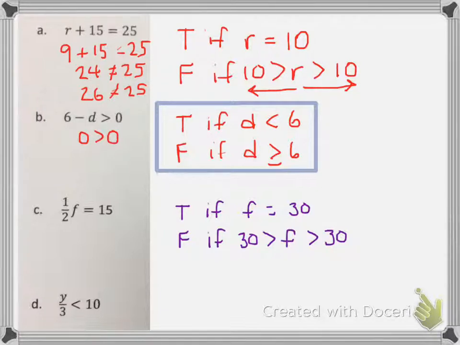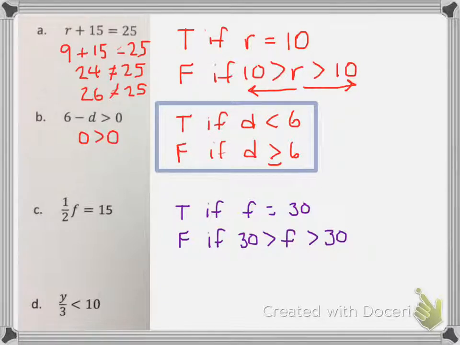All right, here we are. Y divided by 3 is less than 10. Well, if I chose 30, 30 divided by 3 is 10, right? It's still false, but I'm really close to a true answer. If I went bigger than 30, say 33, 33 divided by 3 is 11, and 11 is not less than 10.